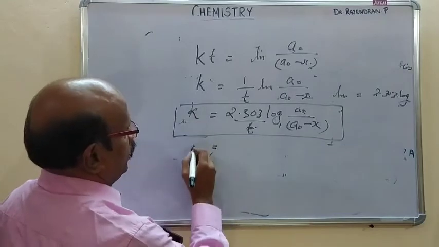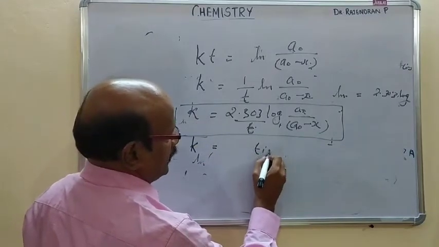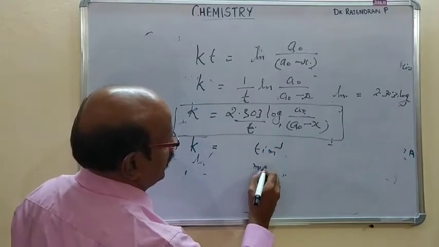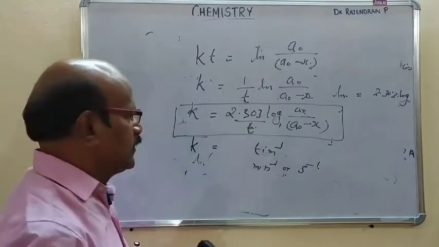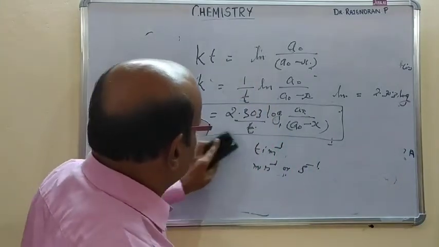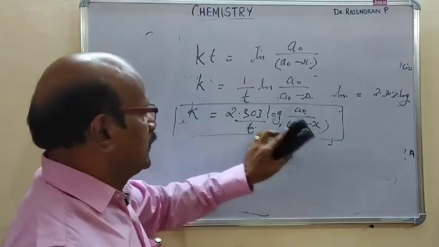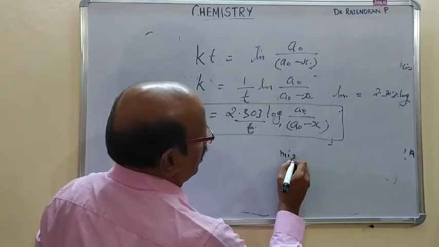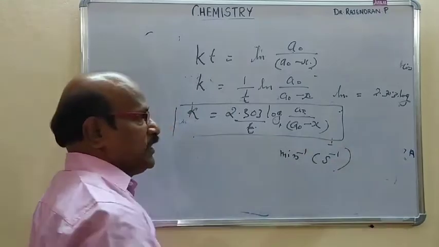So the unit of k becomes time inverse. That is, it contains only the unit minutes raised to minus 1 or second inverse. There is no concentration term.